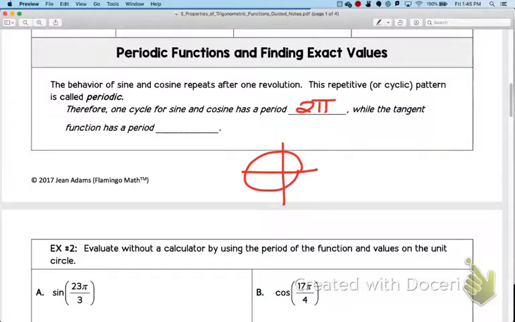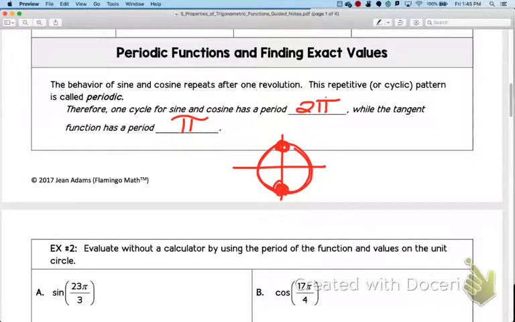While the tangent function only works for 1 pi before it becomes undefined. It works for a pi, then it's undefined, then it works for another pi, then it's undefined, and it keeps going around. So those are what we call the periods of those trig functions. Sine and cosine have a period of 2 pi. Tangent has a period of a single pi.